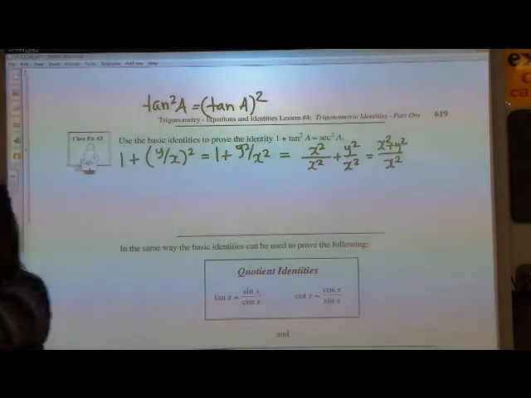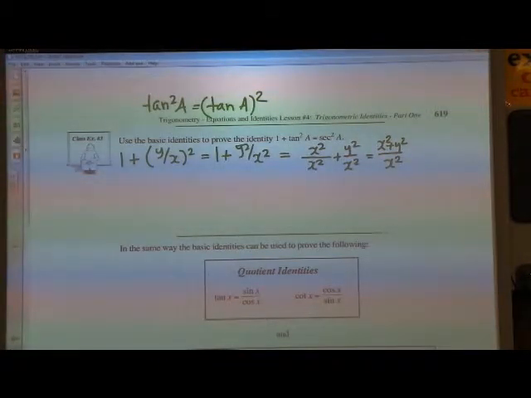over x squared. Go back to that page with the basic identities and tell me if you see a line that has anything to do with x squared being added to y squared. Equals r squared.